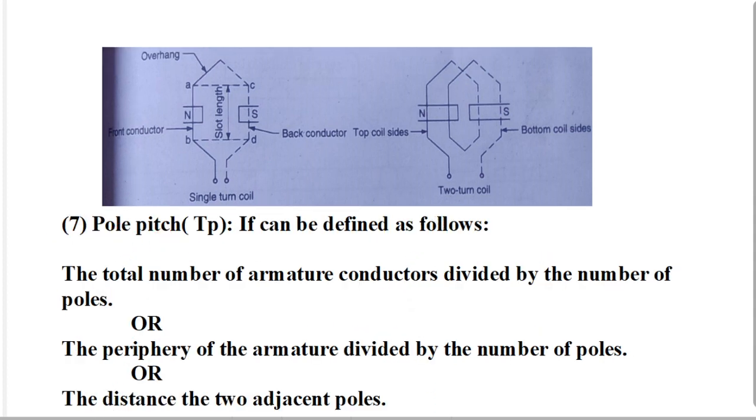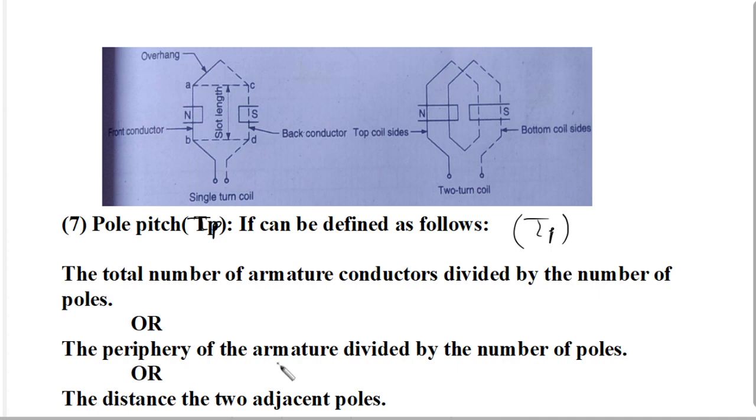Now pole pitch, which is denoted by tau p. It can be defined as follows: the total number of armature conductors divided by the number of poles is called pole pitch, tau p.